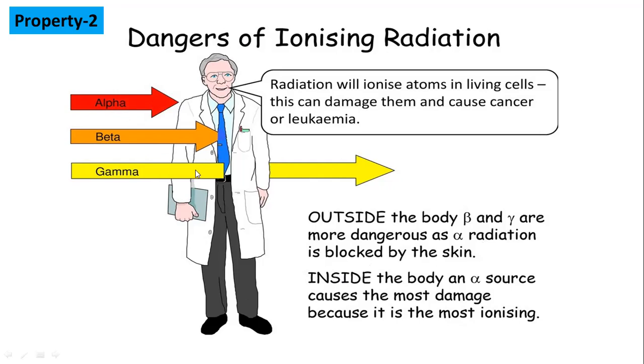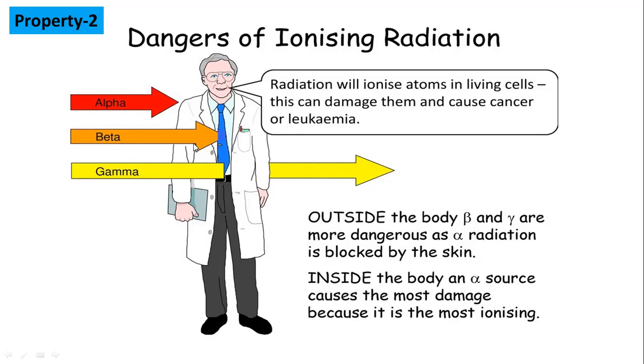But there is another important conclusion here. When alpha is penetrated, it depends on the type of material or the energy of the alpha particles. So if all three radiations are inside the body, alpha causes the most damage because it is the most ionizing radiation.